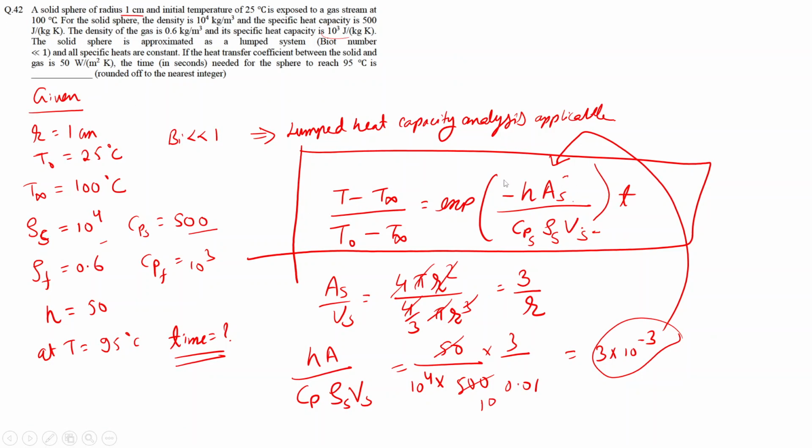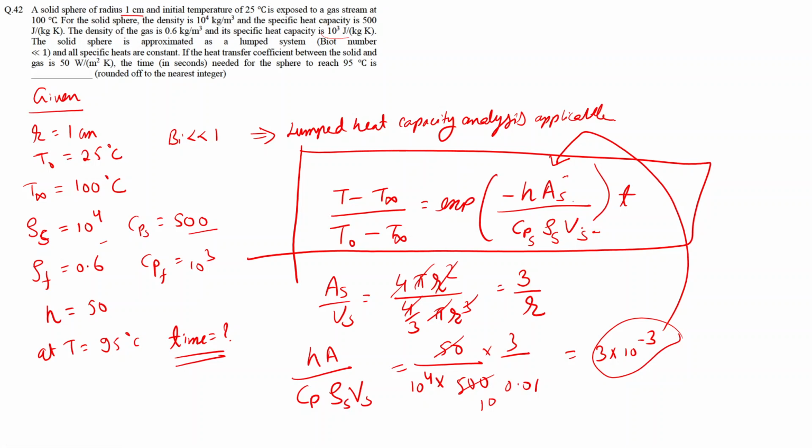You can straight away remember this formula for any geometry that is available. So instead of a sphere, if we have a cube or a cuboid, then also you can just replace the surface area and volume, and then use the same formula. And this formula will only be applicable if the Biot number is very less than 1. So if this condition is not given, then this formula shouldn't be applicable.